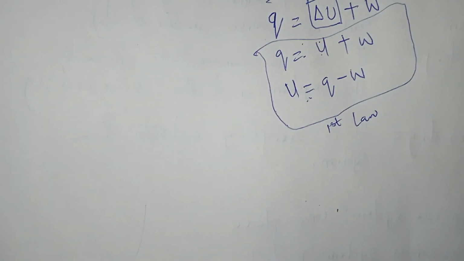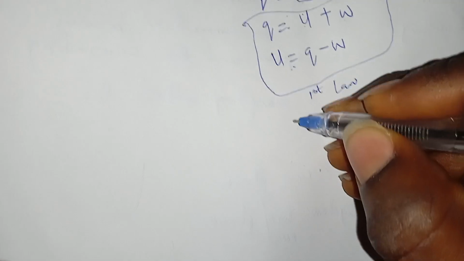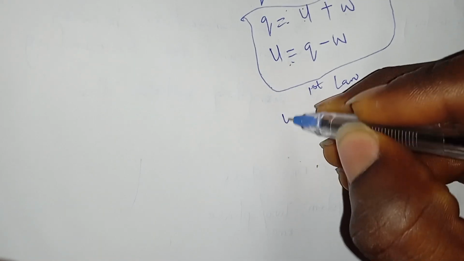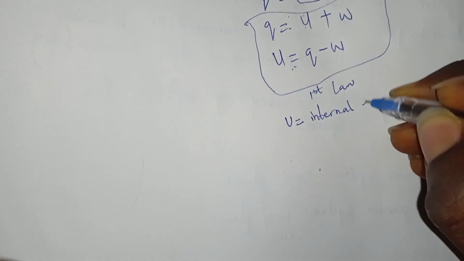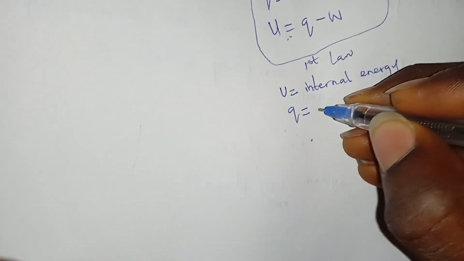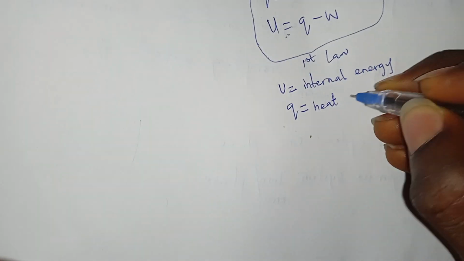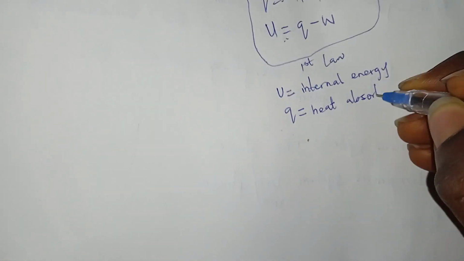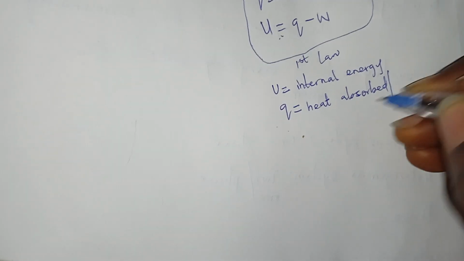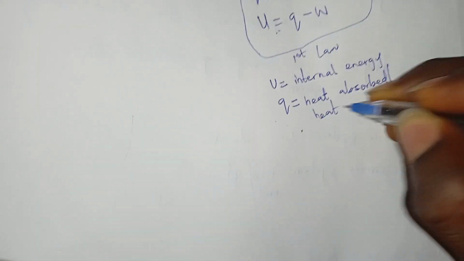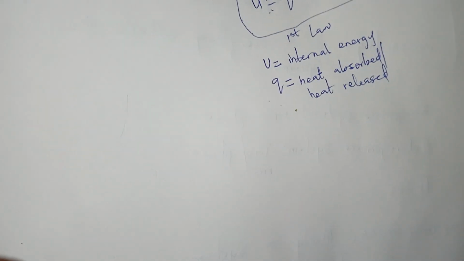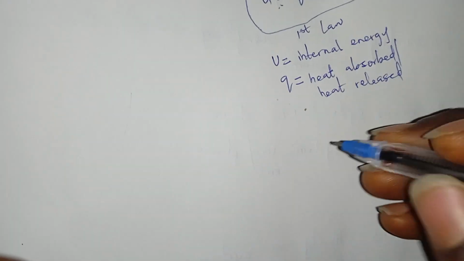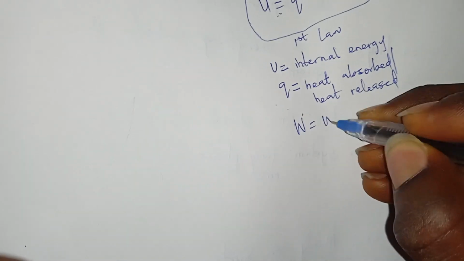So this is the equation of the first law of thermodynamics, where U equals internal energy, Q equals heat absorbed or heat released from the system. Now you need to know that W equals work.